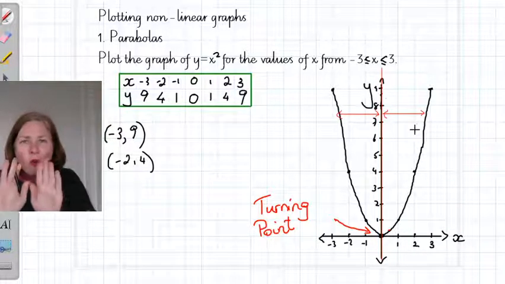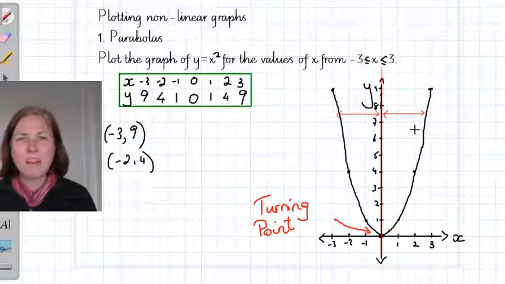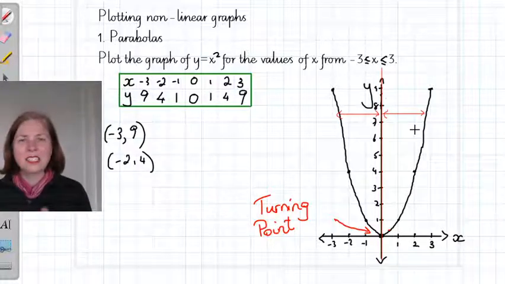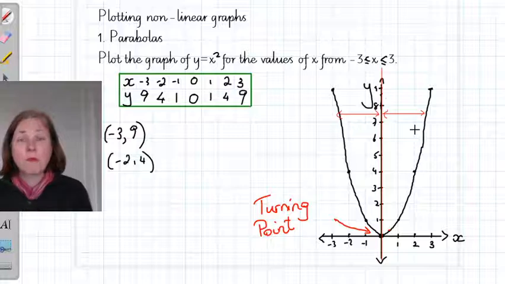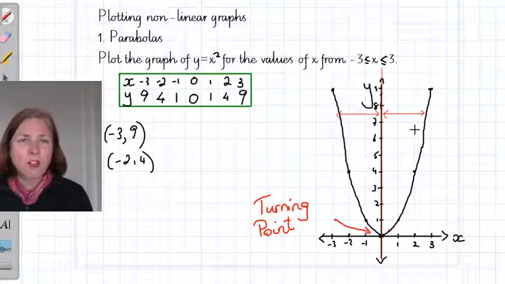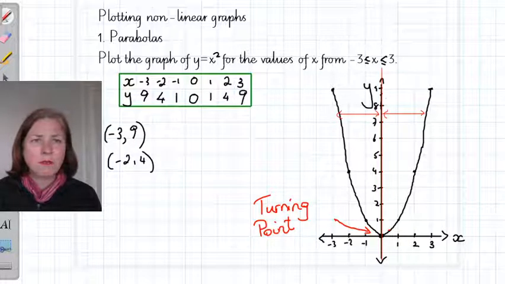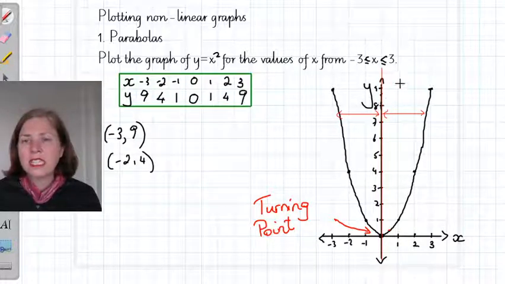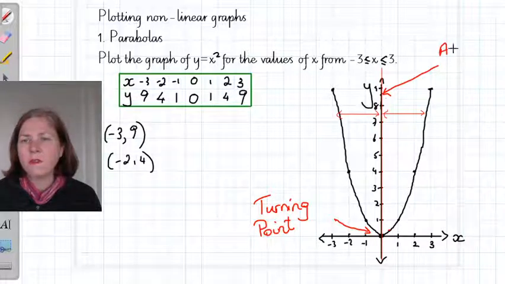If I folded this parabola in half, a bit like a birthday card that's been designed to meet up on both sides, then the left half of the graph and the right half of the graph would meet up perfectly. So this line has a special name and it's called the axis of symmetry.